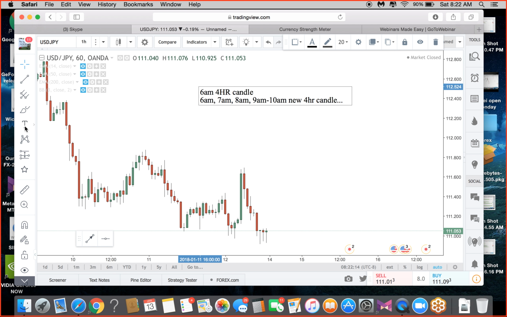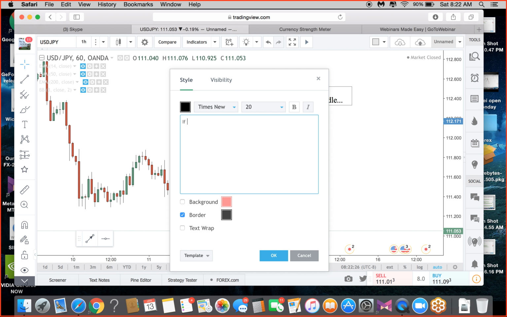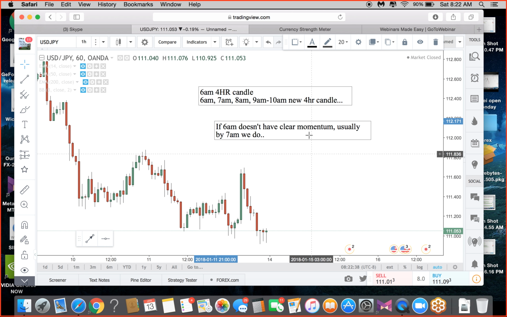Okay, so most importantly, we have to work on a schedule for trading, because my trick in the morning is if 6 a.m. doesn't have clear momentum, usually by 7 a.m. we do. The way that looks is like this.